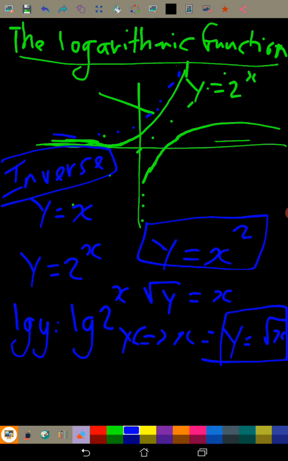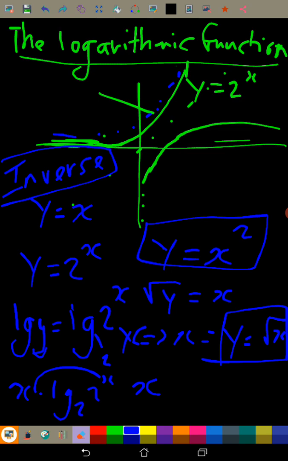And then there are some rules: if this is to the base 2, this becomes 1, so the x comes down. You need to know how to transform these. So if you have 2^x, the x can also come at the front.